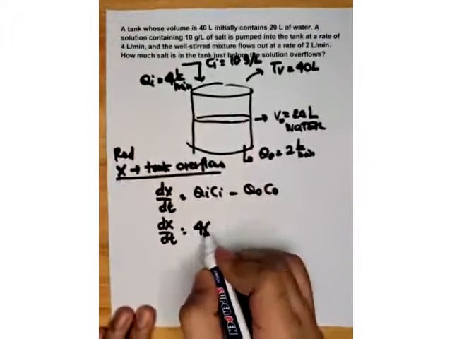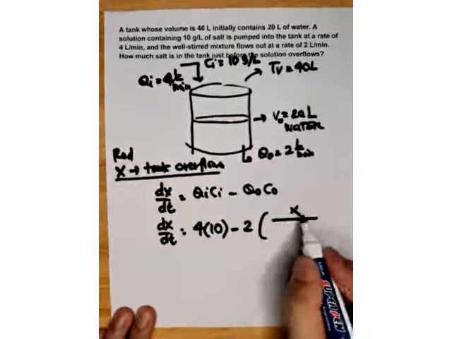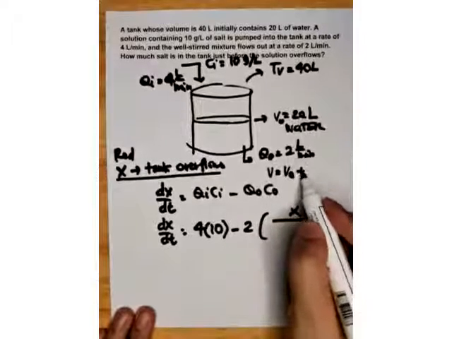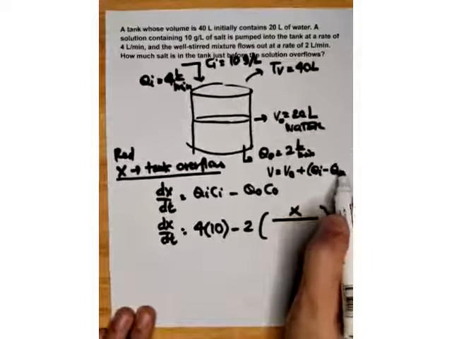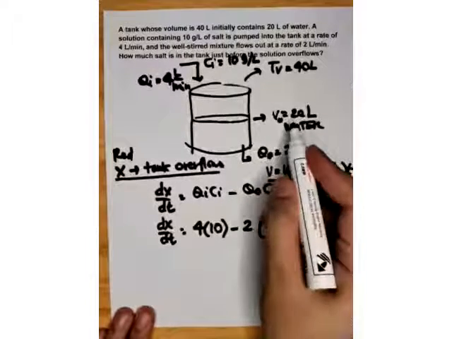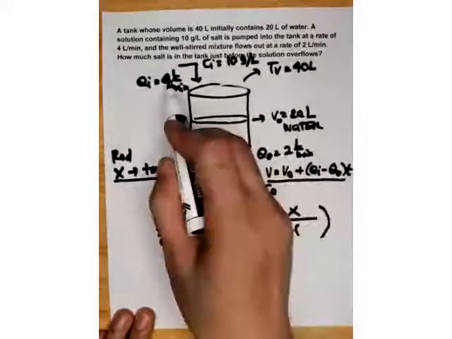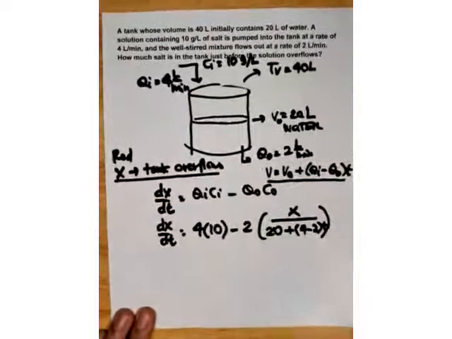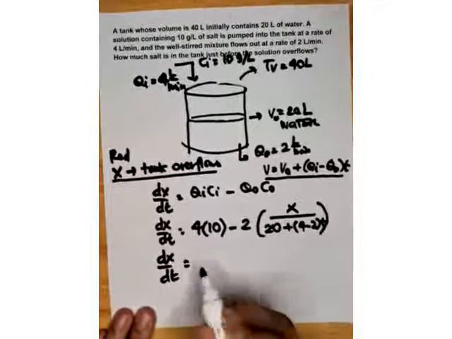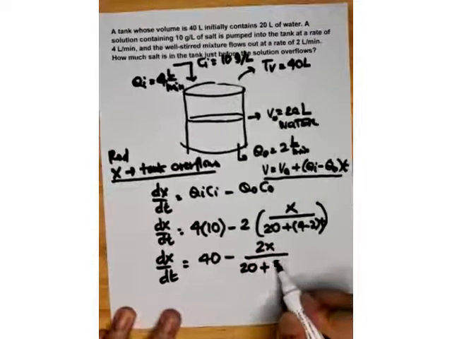Our QI is 4 times 10 minus 2 times x over V, where our formula is V is equal to V0 plus QI minus QO times T. So what is our initial V? Our initial V is 20 plus 4 minus 2 times T. Therefore, we can write dx over dt is equal to 40 minus 2x over 20 plus 2t.